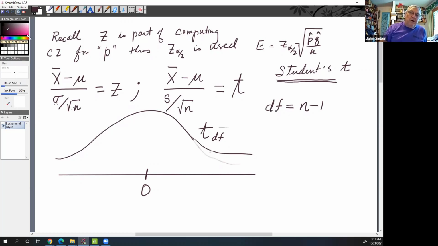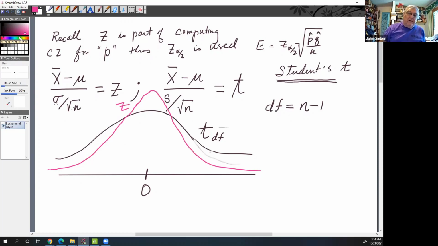If I was to put a normal distribution, a z distribution, because the z is centered at 0, if I was to put a z distribution on the same axes, the z distribution, this is an exaggeration a little bit, would look more like that. That would be a z distribution.